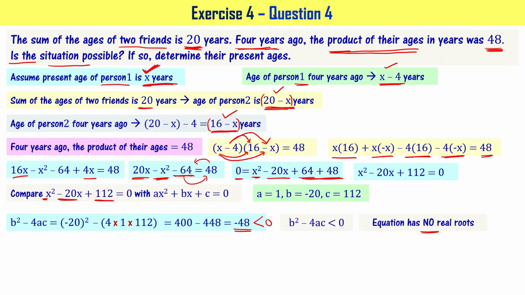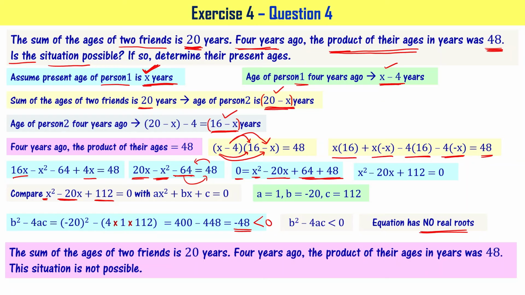And we said that present age of person 1 is x years. If x is not a real number as per this, then how will you say that it is his age? Age is a real number, right? That's why we say that the given situation is not possible.